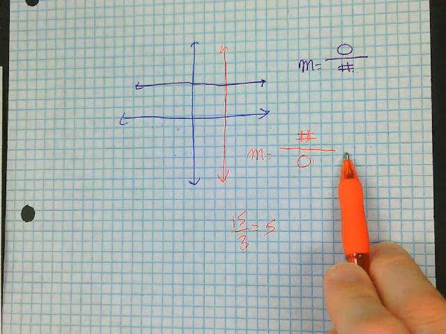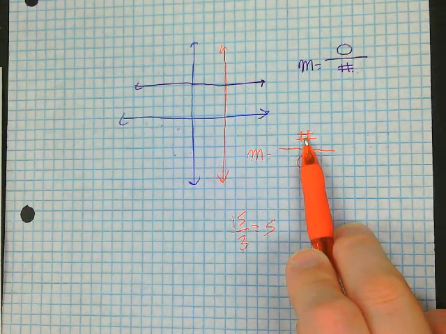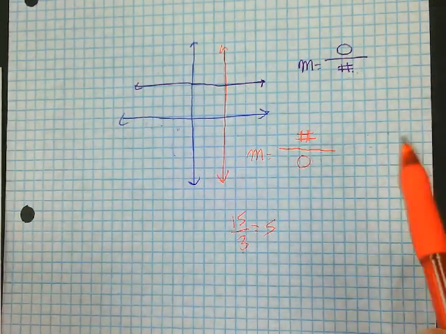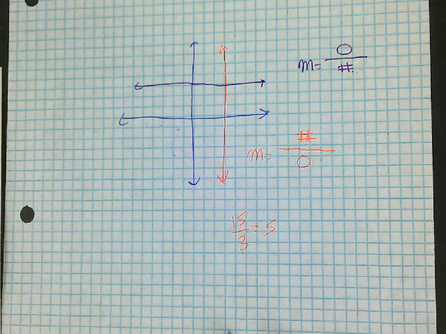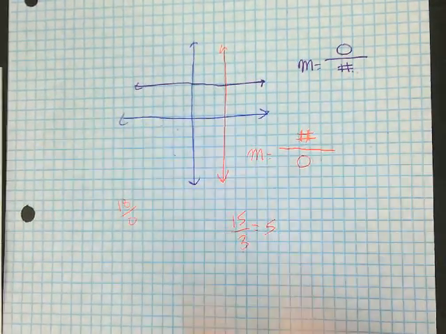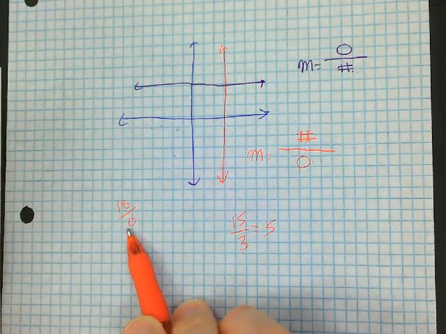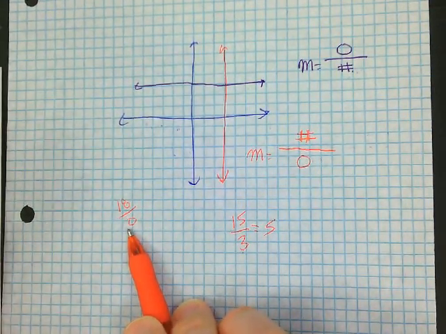So right here, 0 times what would give you a number? It's impossible, isn't it? 0 times anything is 0. Let's say it's 18 divided by 0. 0 times what gives me 18? There's no number possible, is there?